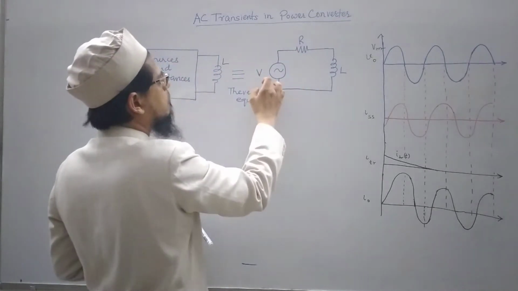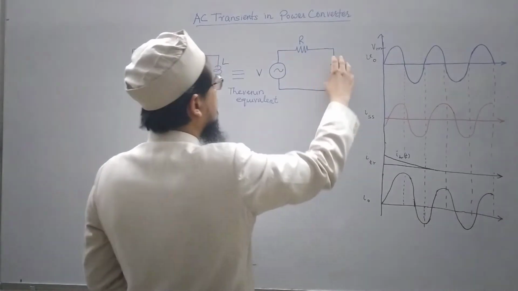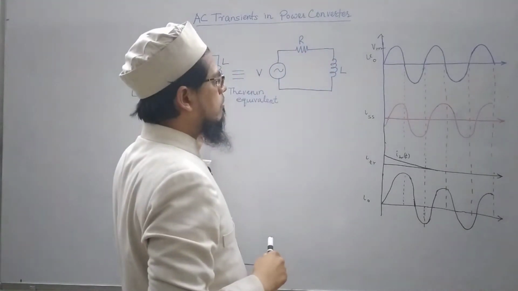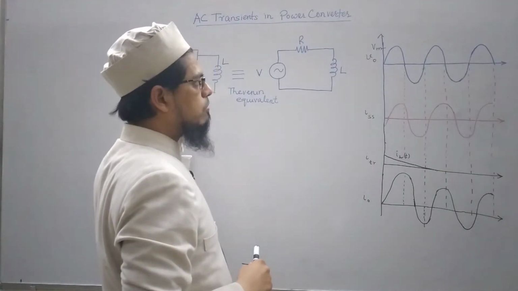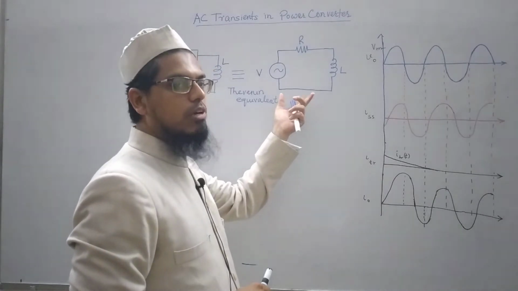We can replace this network by a voltage in series with a resistance, and L is there in its place. So basically we have reduced this network into this simpler circuit, and we will try to analyze this circuit.